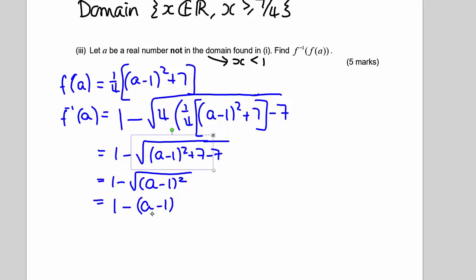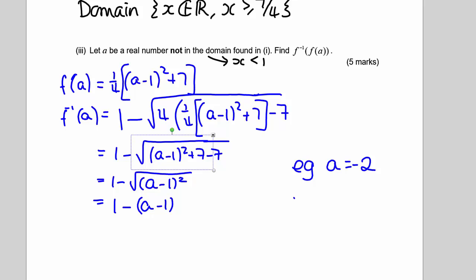But don't forget that a is negative, or our value is less than 1. If I've got a number less than 1, so imagine, e.g., let's say a equals negative 2. That's definitely less than 1.